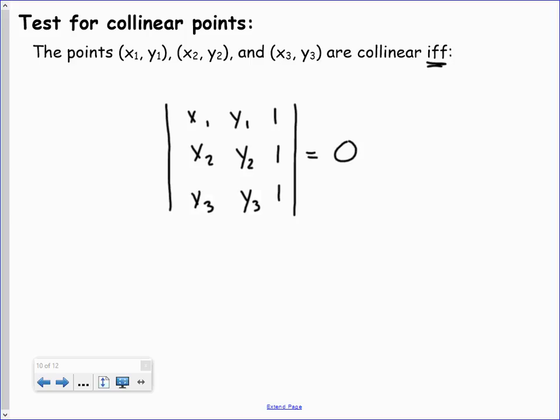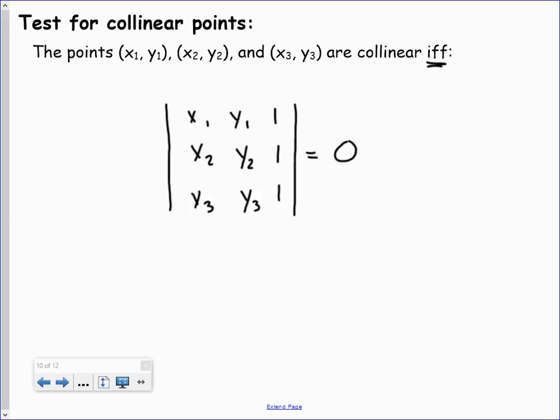Steve, your thoughts? Because if you have 3 points, typically they would make up a triangle. And you're solving for the area of a triangle. And a triangle can only have 0 area if it doesn't exist. Yeah, like the space inside the triangle would be 0 if the 3 points were really on the same line, right?